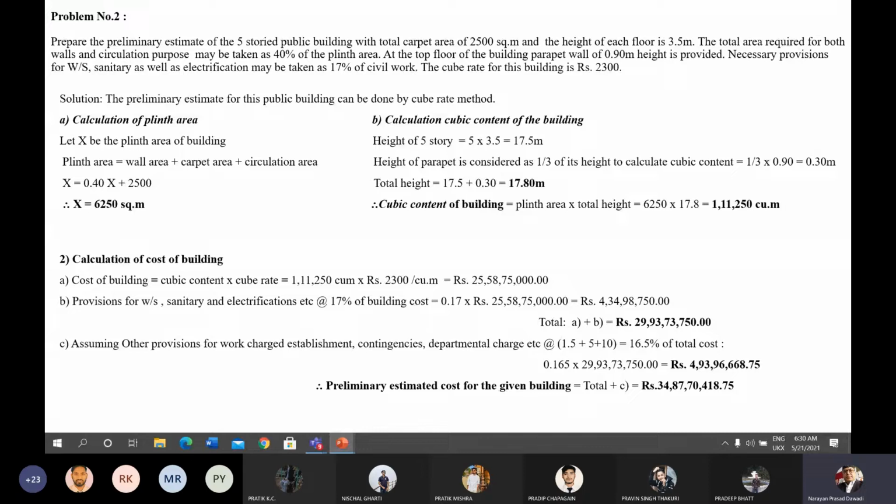This is the huge building having the total plinth area of 6,250 square meters. Because this building is very heavy and these are 5-story, that's why the cost will be high.